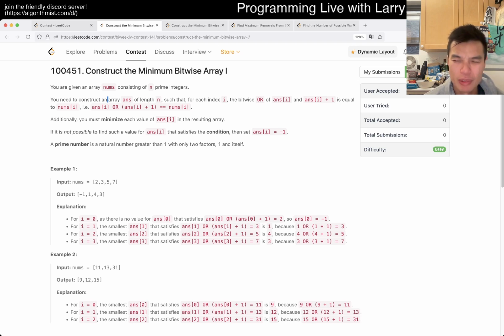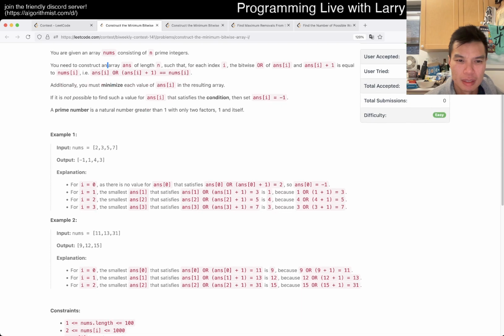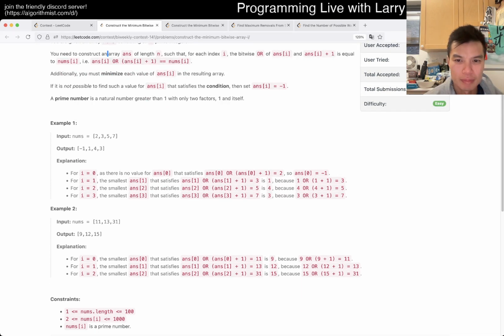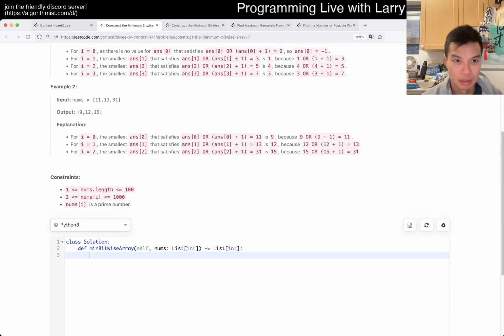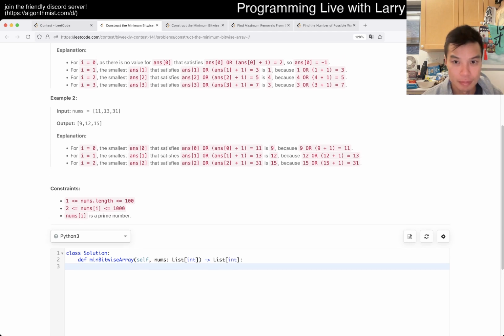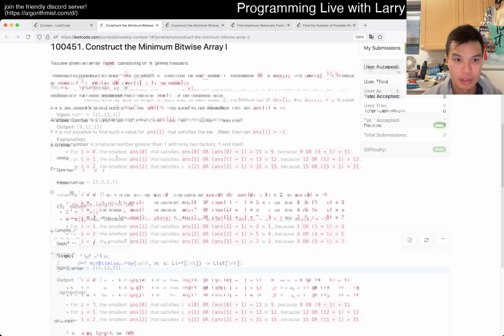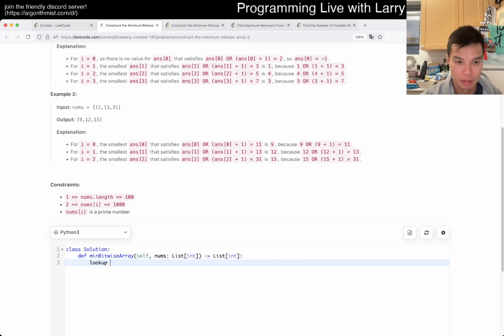The bitwise OR is equal to num sub i. Alright, so it goes up to 1,000. So we do something like... is it the smallest? Oh, okay.